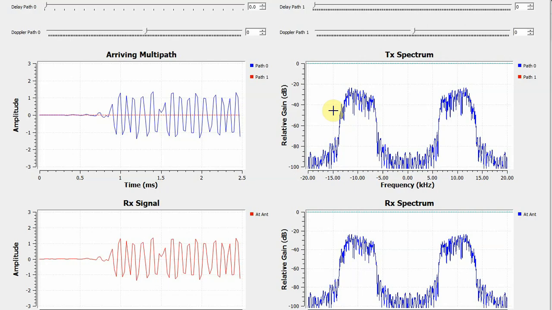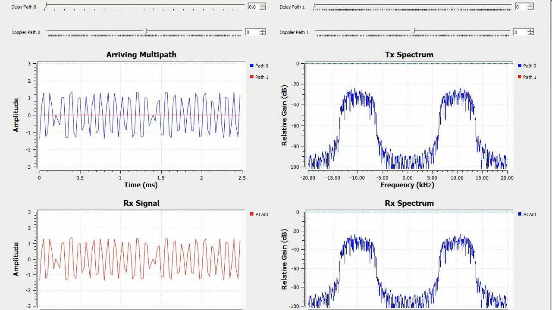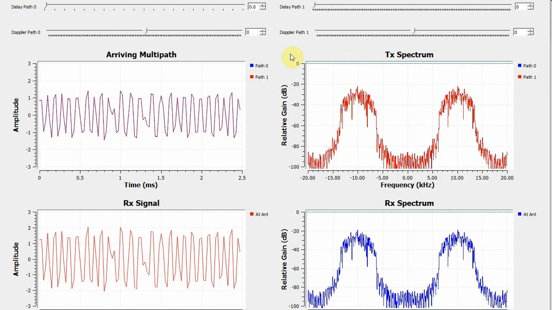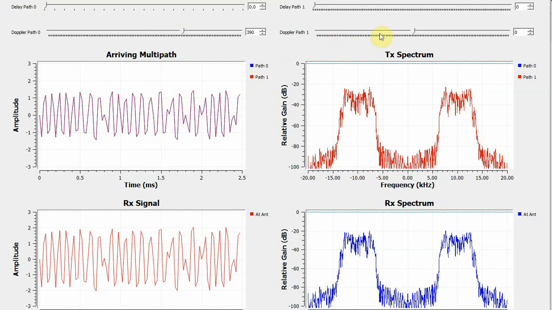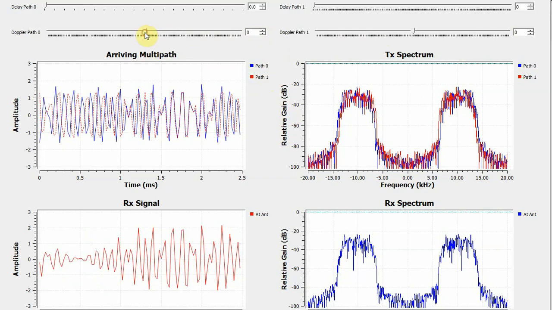Yes, 8 is better. Let us set the amplitude of the first multipath to 1. And now see what happens when we slightly change the Doppler shift.